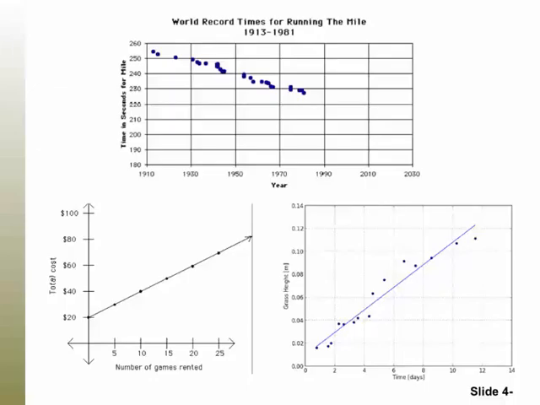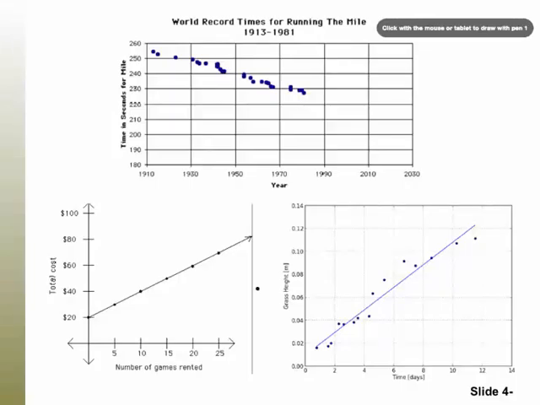So here's 3 examples. Here on the x-axis is the year, and on the y-axis, the vertical axis, is the world record time in the mile. From 1910 to about 1977 is where this data is. World record times in the mile came down at generally a constant rate for those 60 or 70 years.